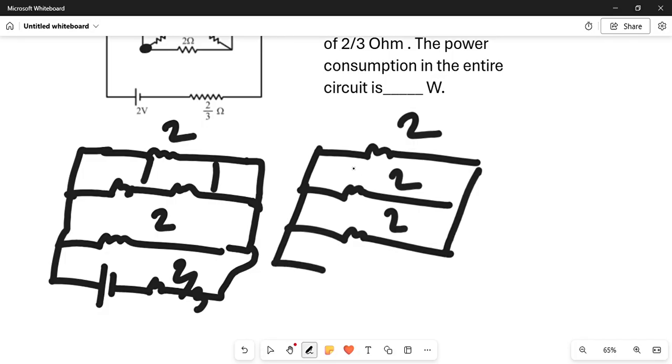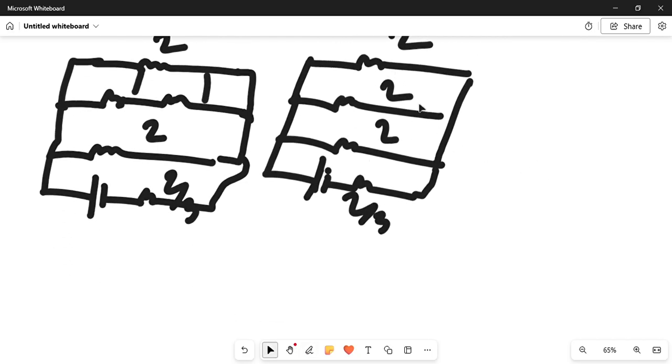And this is the battery, and this is the 2 by 3 internal resistance. These two endpoints are connected at the same point, and no resistance is present between their endpoints. So these 3 resistances are in parallel.